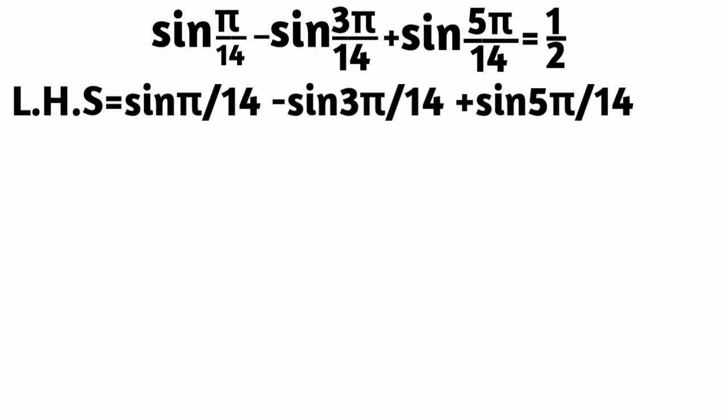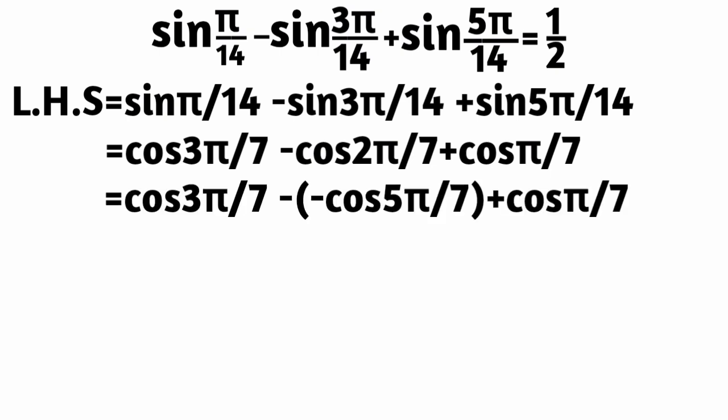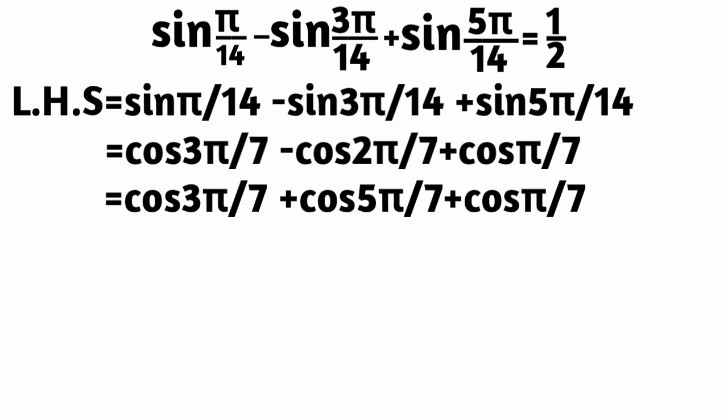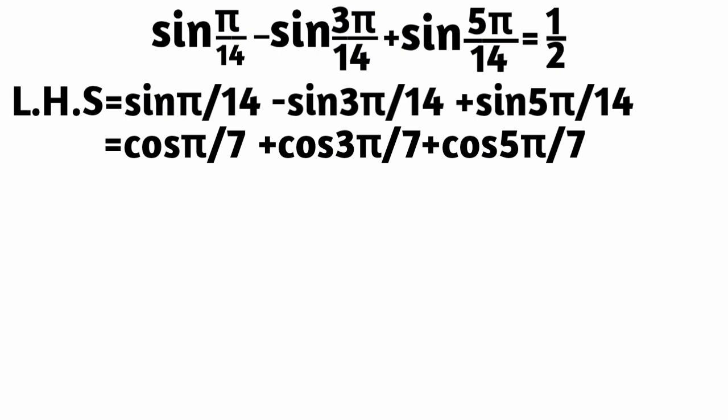Now putting all these values in the left hand side, we get cos 3 pi by 7 minus cos 2 pi by 7 plus cos pi by 7, and the value of cos 2 pi by 7 is taken as minus cos 5 pi by 7. So both minus signs become positive and the overall expression can be written in positive form as cos pi by 7 plus cos 3 pi by 7 plus cos 5 pi by 7.